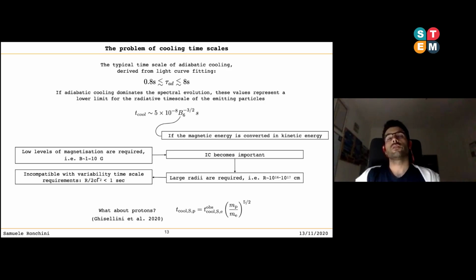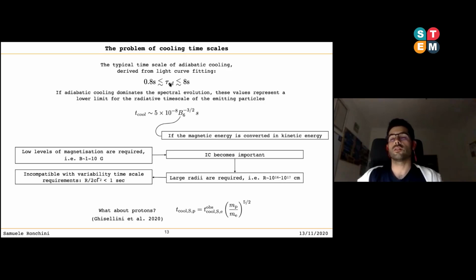And this means that particles are not able to cool. This means that the timescale of adiabatic cooling is a lower limit for the radiative cooling timescales.